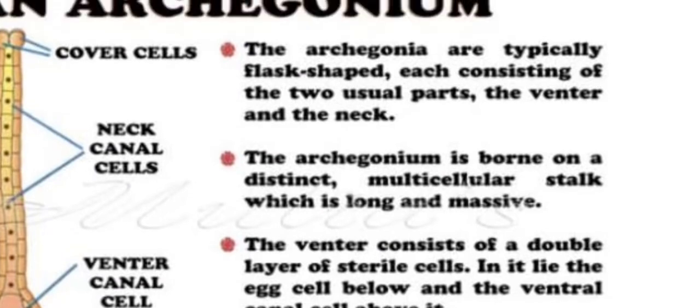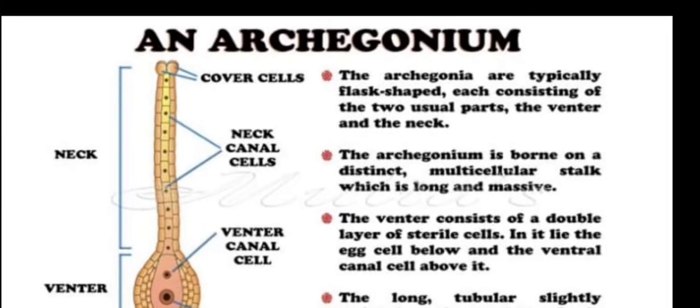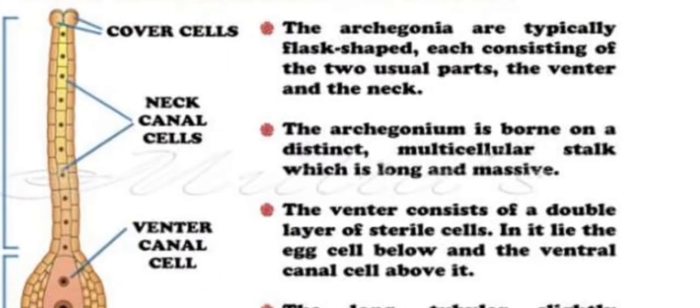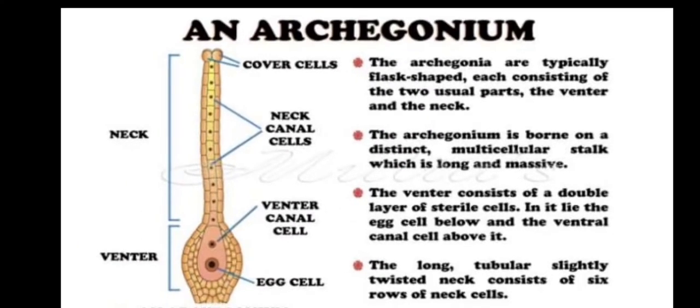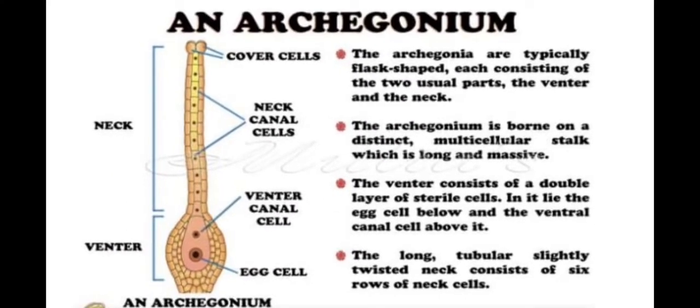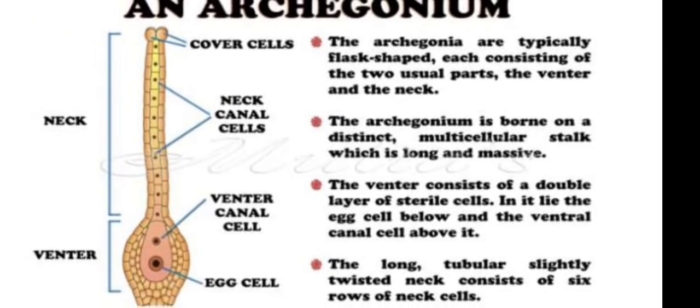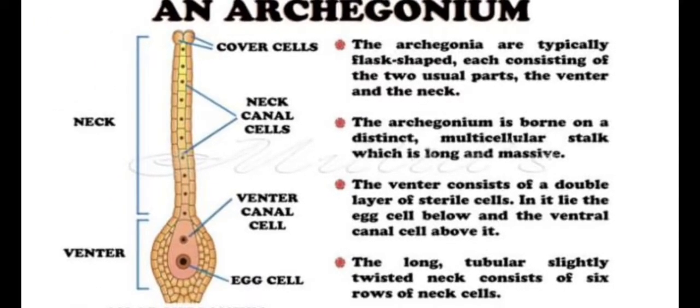The archegonia are typically flask-shaped, each consisting of two usual parts, the venter and the neck, as you can see in this image. The archegonium is borne on a distinct multicellular stalk which is long and massive. The venter consists of a double layer of sterile cells.